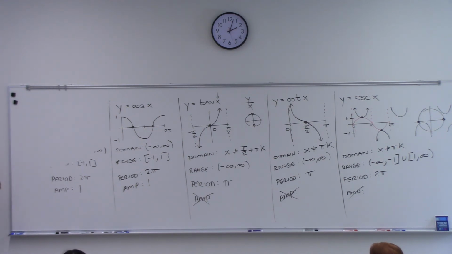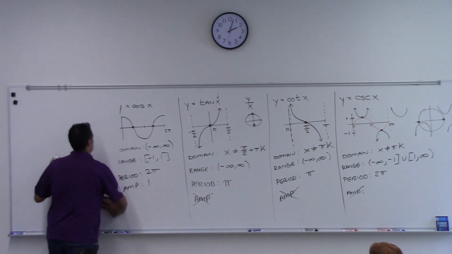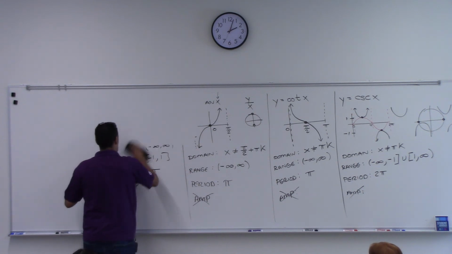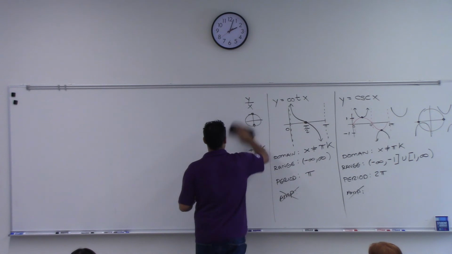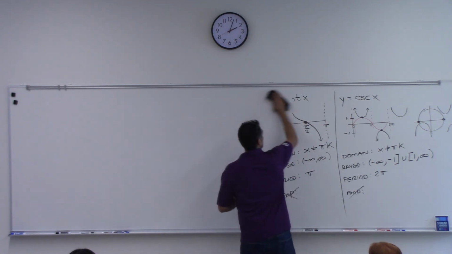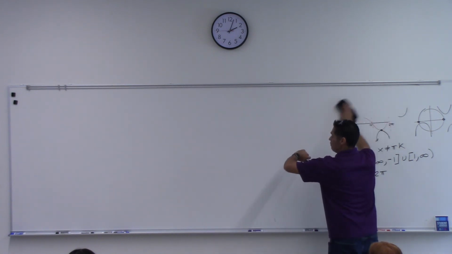Like when would you ever need a cosecant function or something like that, right? How are we doing time-wise? All right.